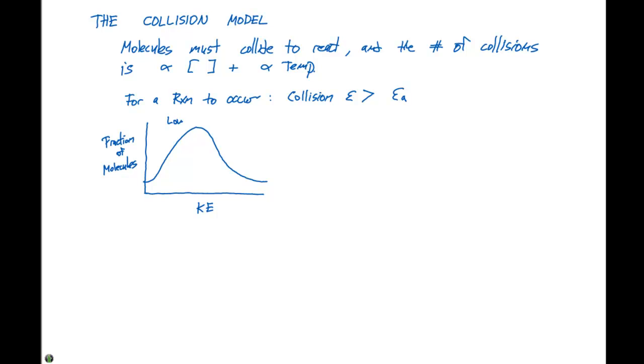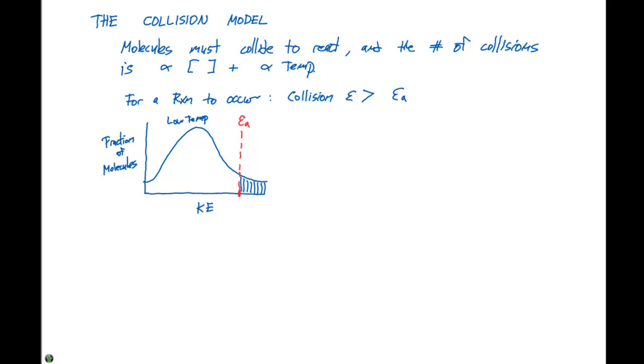If this is at a low temperature, we can look at the fraction of the molecules that have a particular energy of activation. So let's just say here's our particular energy. That's our energy of activation. So what this means is, in order for a reaction to occur, the collision energy has to be greater than the energy of activation. So we're going to have this fraction down here of molecules that will react.